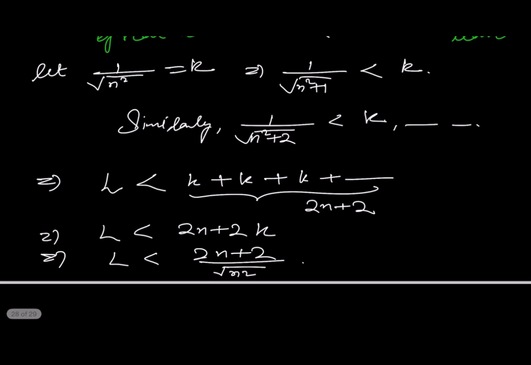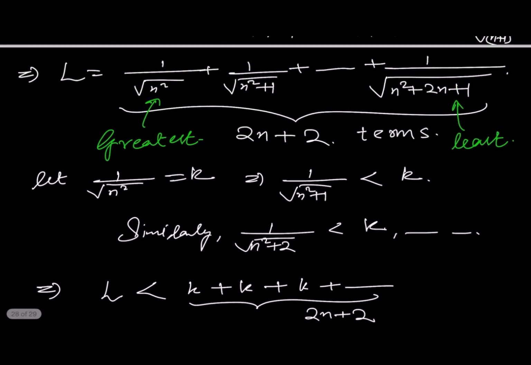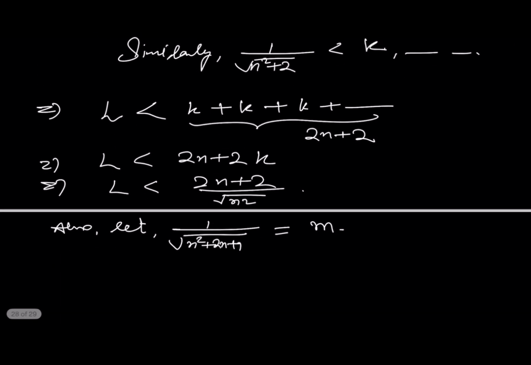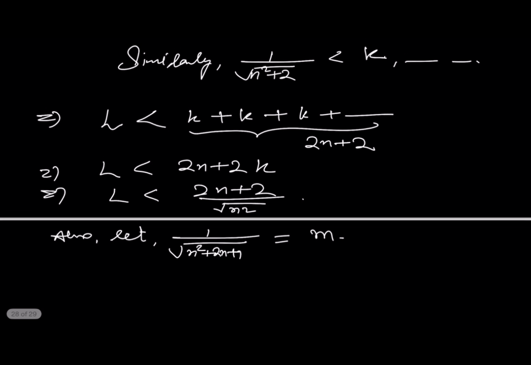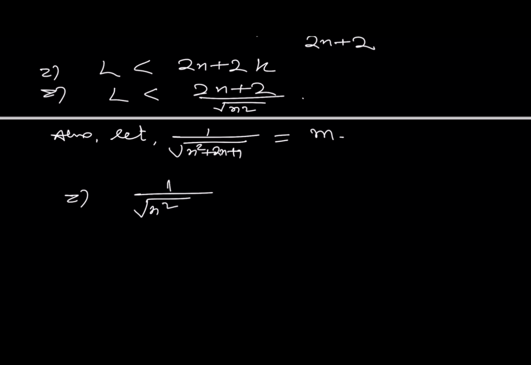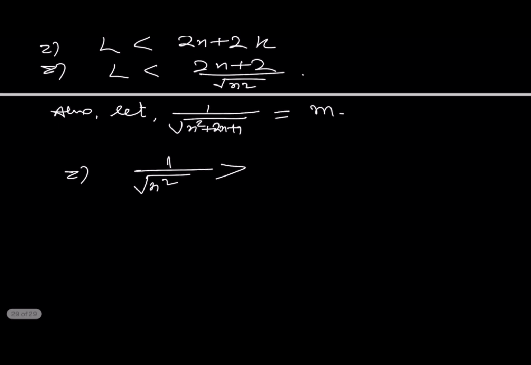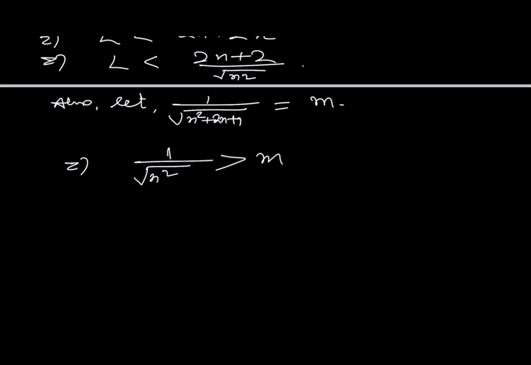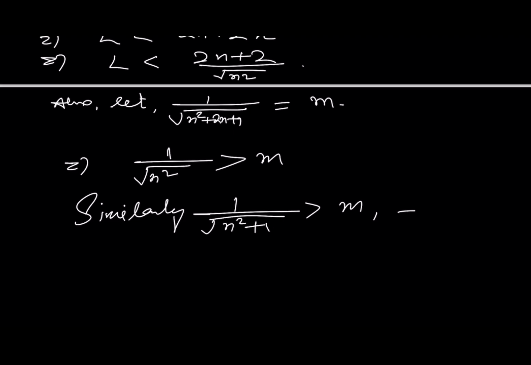And also let 1/root(n square + 2n + 1) be equal to m, because this 1/root(n square + 2n + 1) is least. So 1/root(n square) will be greater than k, greater than m. Similarly, 1/root(n square + 1) is also greater than m, and so on.